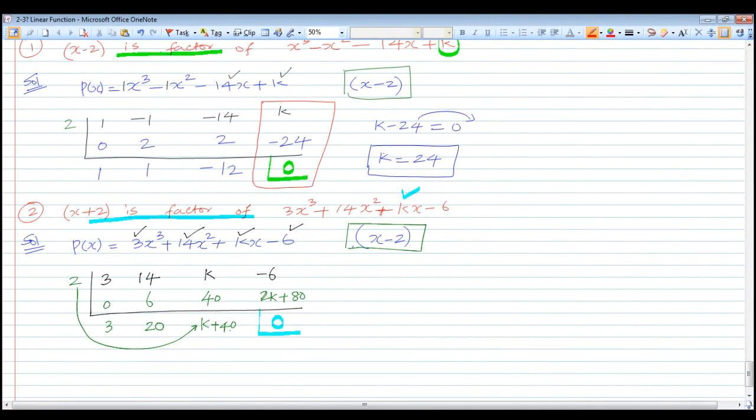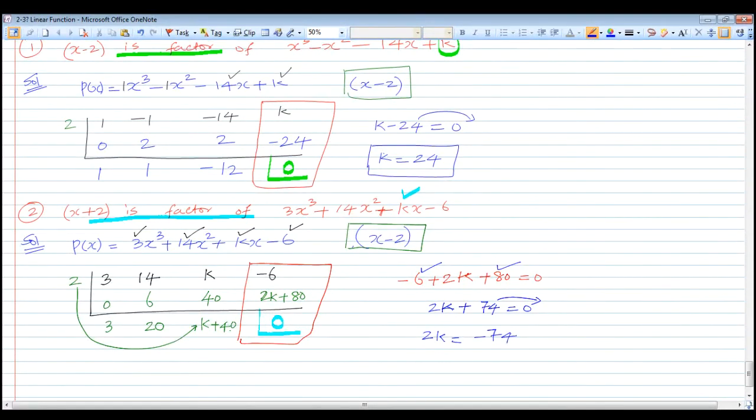This one I have to equate: minus 6 plus the last term is equal to 0. Now simplify this one, add number with number. You have 2k plus 74 is equal to 0. If you bring it here, you will have 2k is equal to minus 74.